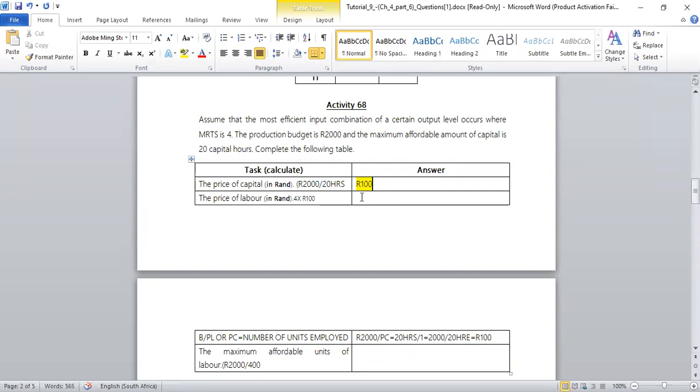Then when it comes to the price of labor in rent, again here we are using the formula. When I have my MTRS, so let me do it like that.